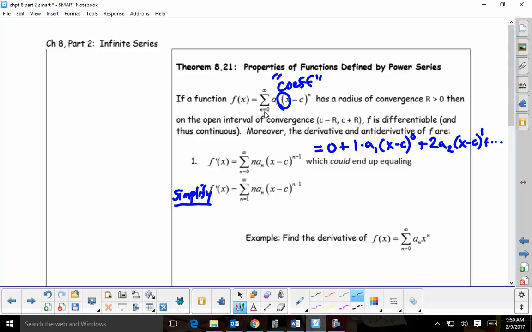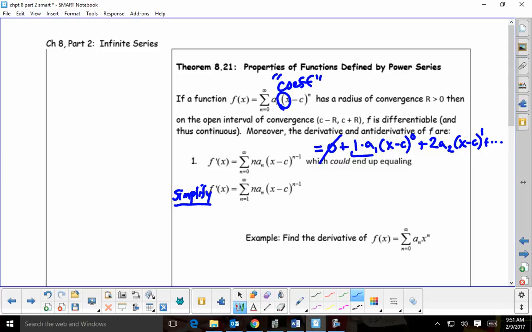So that 0 part, we could start at 1 and we've got the equivalent thing. In most cases, we can't change where we're starting and say they're equal. But in this particular case, we could because that was a 0 term. Makes sense now? So if you can reduce it, reduce it.